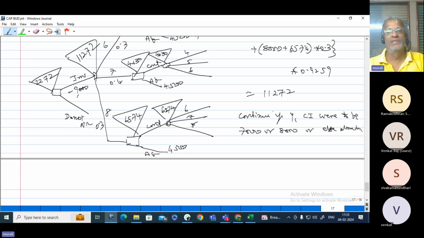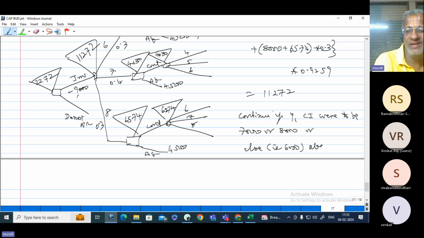Continue if year number 1 cash inflow were to be 7,000 or 8,000, or else, that is 6,000, abandon. This is the way you have to write.